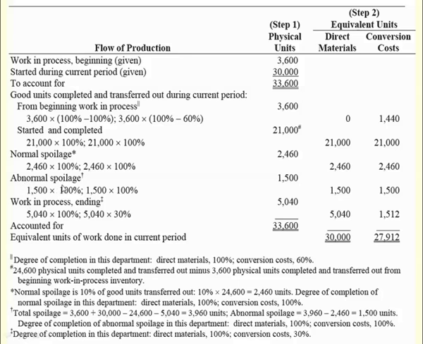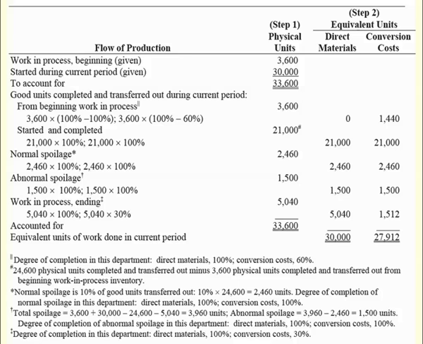To calculate abnormal spoilage, first we calculate total spoilage: 3,600 units plus 30,000 units minus 24,600 minus 5,040 units equals 3,960 units, the total number of spoilage units.